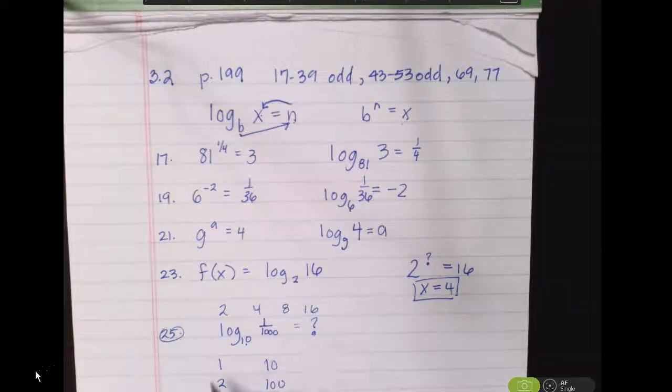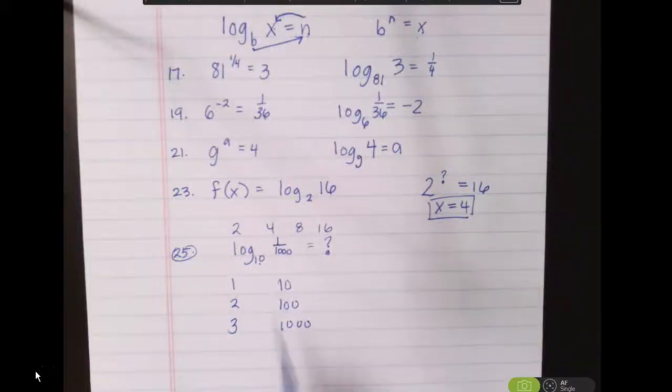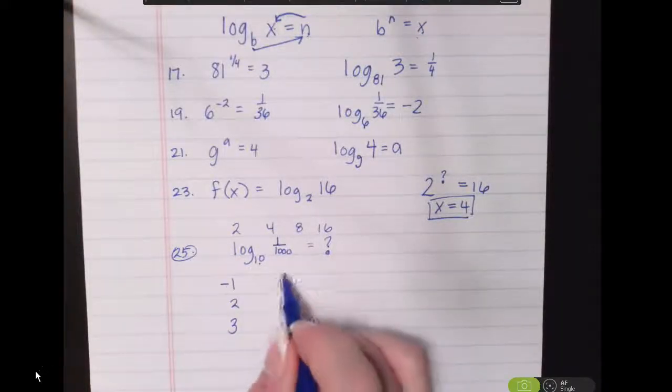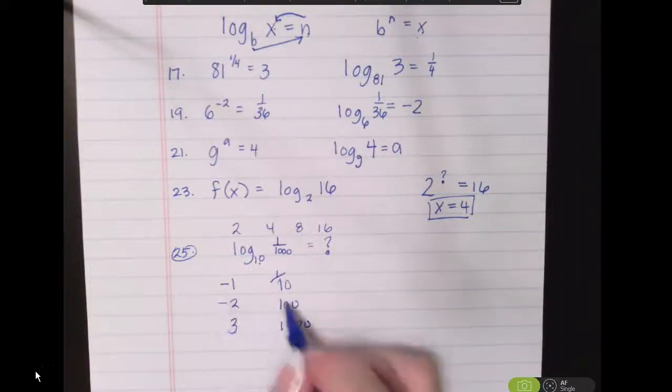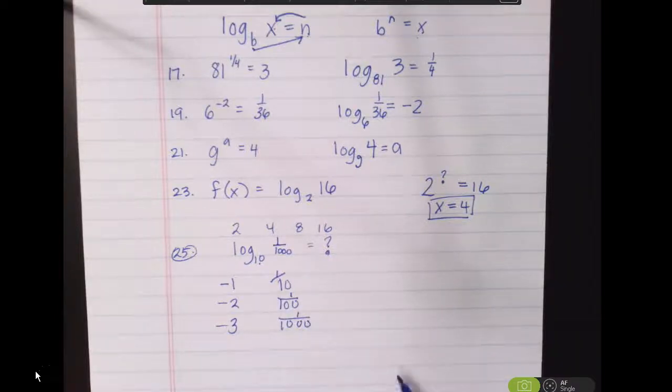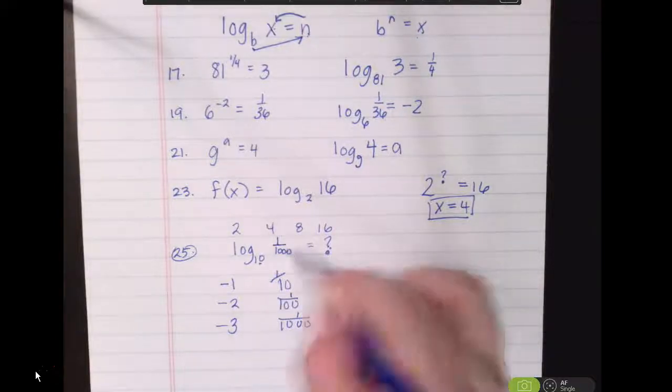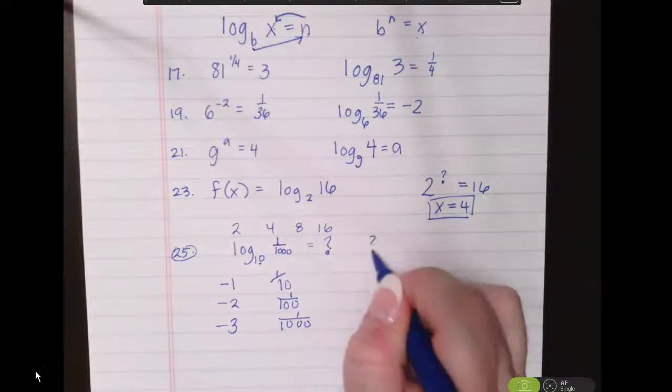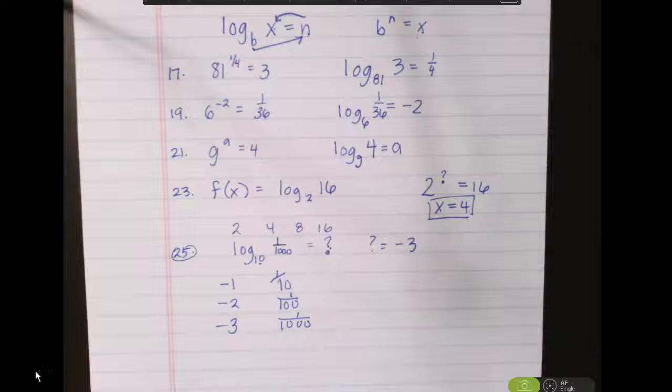So if we were to go into our negative powers here, 10 to the negative 1 is 1/10, 10 to the negative 2 is 1/100th, 10 to the negative 3 is 1/1000th. So 10 to the negative 3rd is 1/1000th.